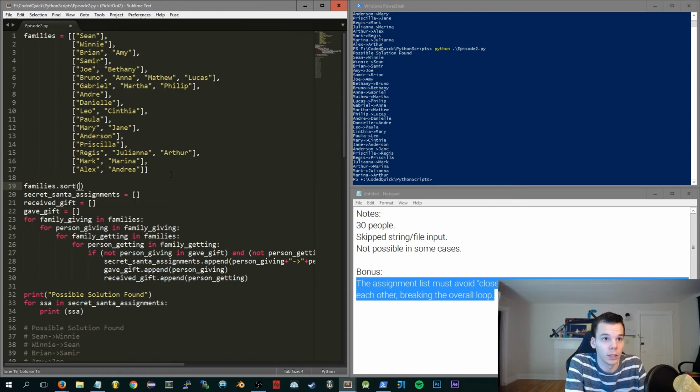Families.sort, and I have to remember how to do this in Python. I think it's with the keyword key, and then you put the function to be length. This is a fancy Python reversed. We want to reverse it so we get the longest ones first. I think that's going to do what I want it to do.